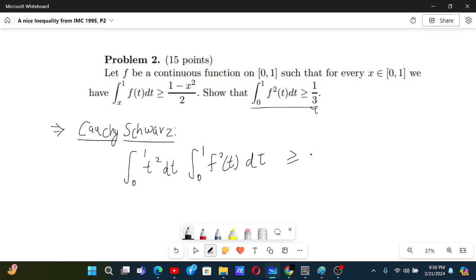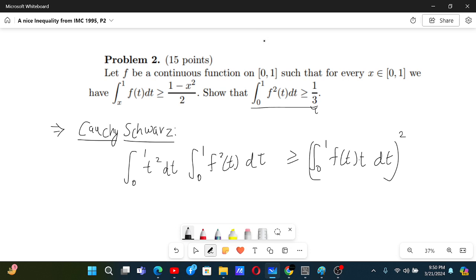This is greater than or equal to, now by Cauchy-Schwarz, the integral from 0 to 1 of f of t times t dt, whole squared. Basically Cauchy-Schwarz implies this.